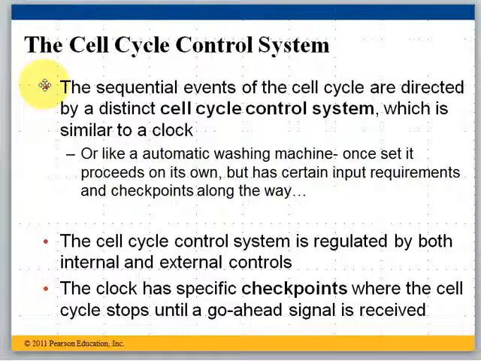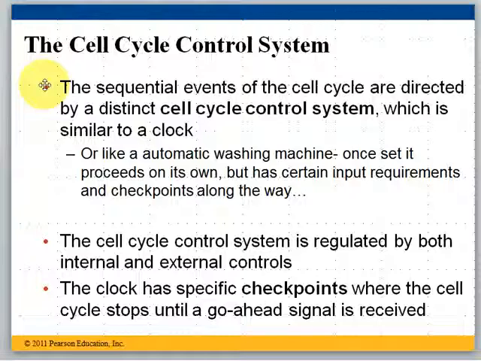So what happens if you're running your washing machine and you have disconnected the water? So you have turned off the water supply. Well, in that case, the washing machine may stop at that particular point, and it may not go further because it's got a trigger mechanism or a checkpoint where it knows if something is wrong at this point, we don't continue on. So if you have turned off the water to your washing machine, it probably won't go through all 7 or 8 steps.